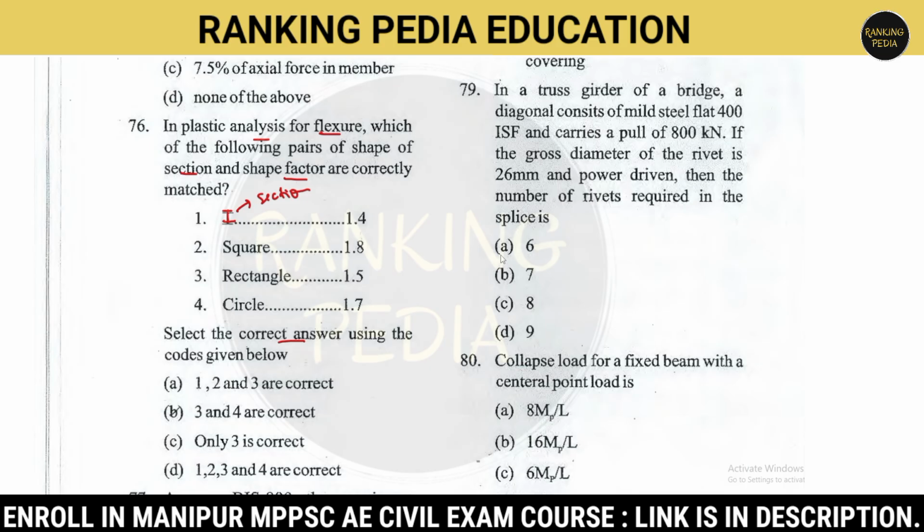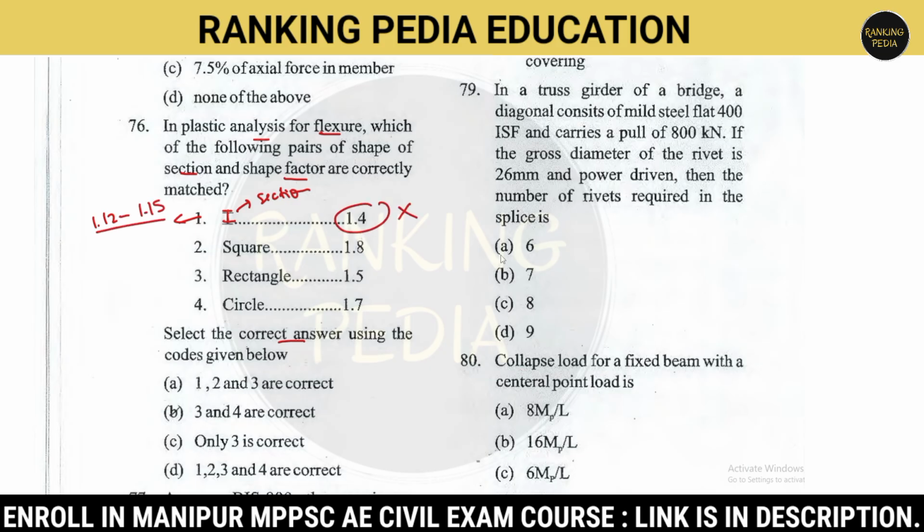So the shape factor for a standard I section ranges from 1.12 to 1.15, and here it is given as 1.4.